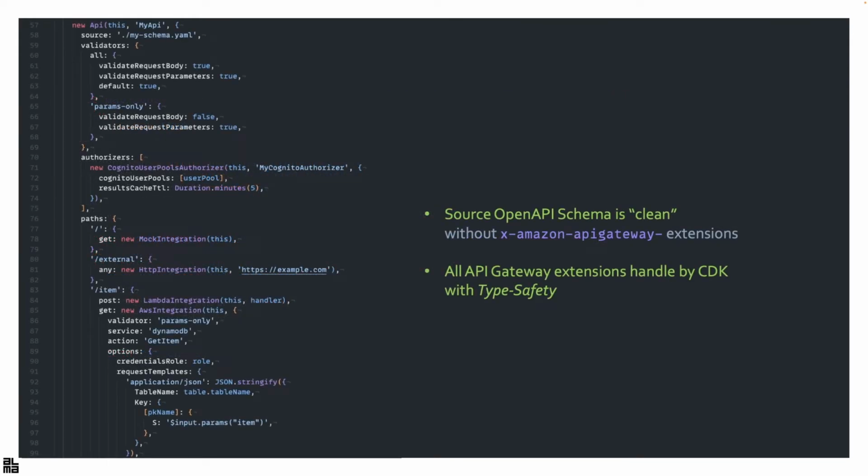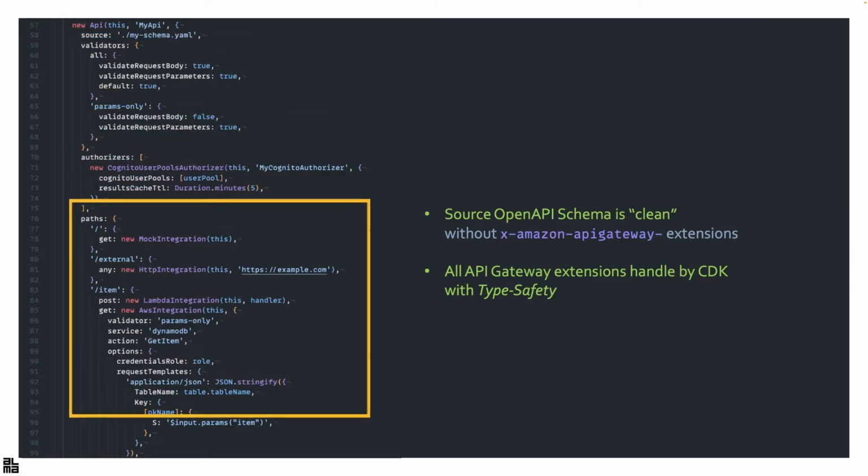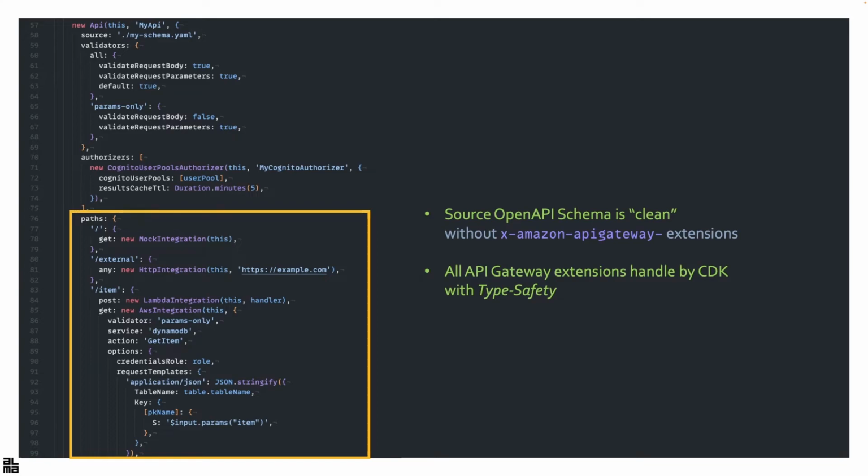Once we've done that, we are able to define our API construct that essentially takes this source OpenAPI schema as a property, and then you can add validators, you can add authorizers, and finally you can add those different paths with their different methods and different integrations to those methods.